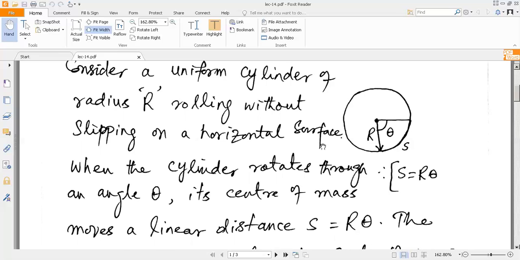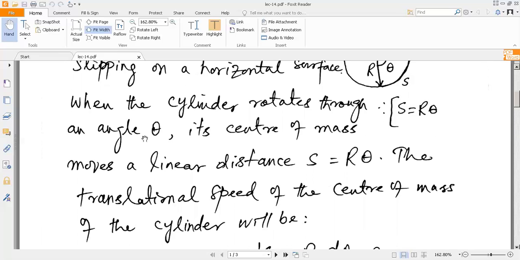When the cylinder rotates through an angle theta, which is the angular displacement, its center of mass moves a linear distance s, which can be equated to r theta. Here r is the radius of the cylindrical object, or we can say this r is representing the distance of center of mass from the particle on the surface of the cylinder.